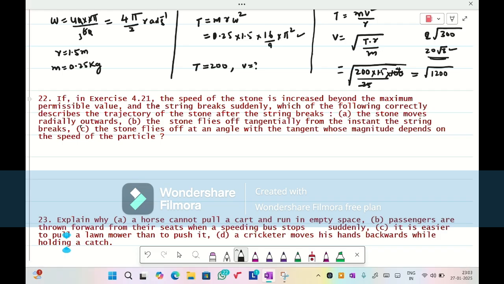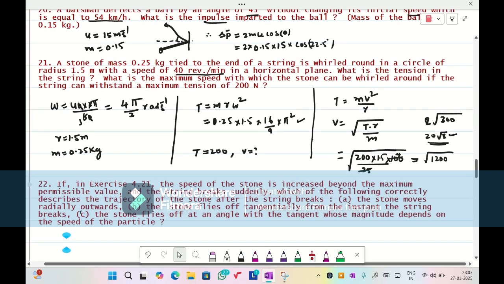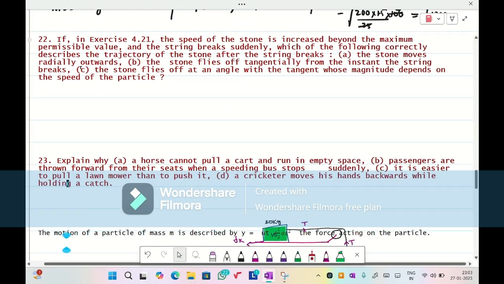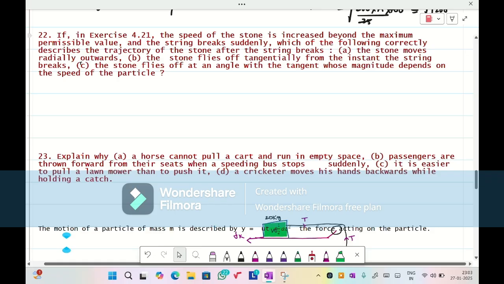So in exercise 4.21, the speed of the stone is increased beyond the maximum possible value. Okay, we will see the diagram. If the string breaks suddenly, which of the following is correct?